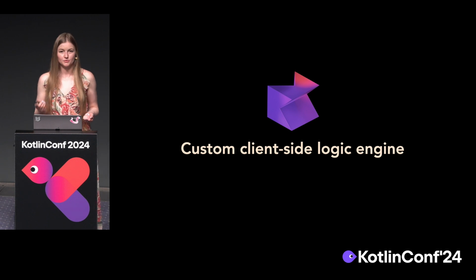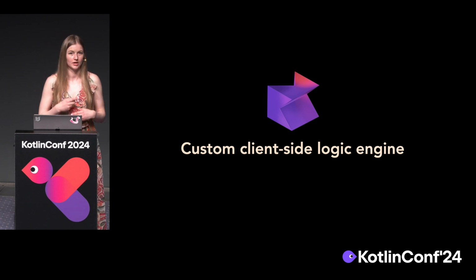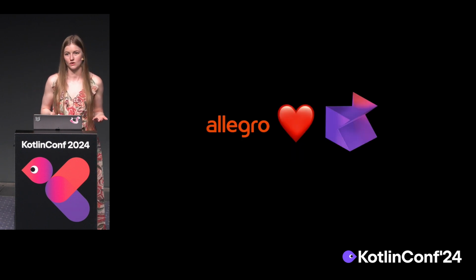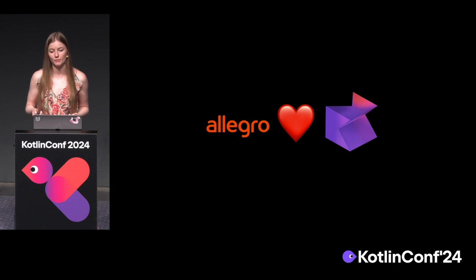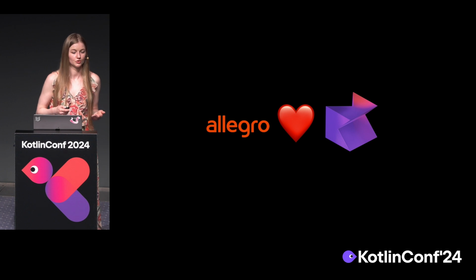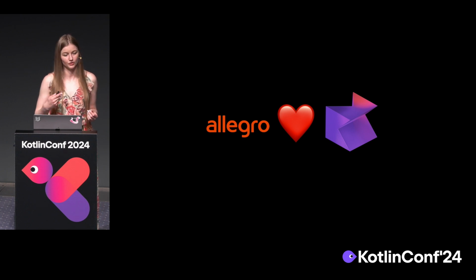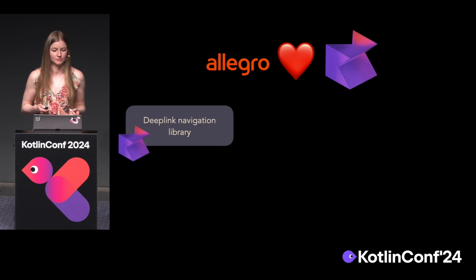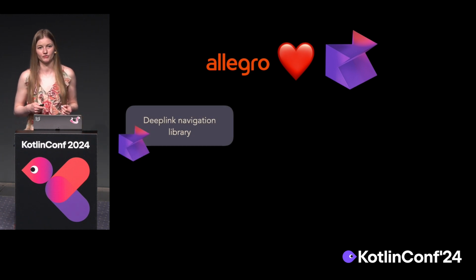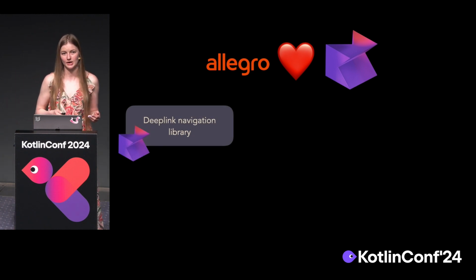And this project is just one of the many use cases of Kotlin Multiplatform inside our company. Other mobile teams also used Kotlin Multiplatform with success in other projects. For example, one of the mobile teams created a library for deep link navigation for our app, so we can share deep links across Android and iOS.